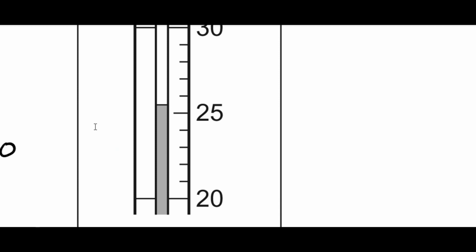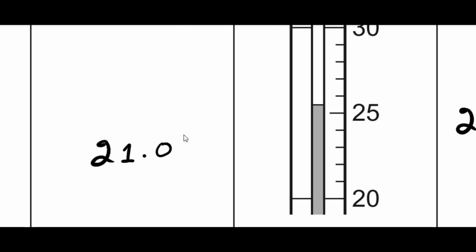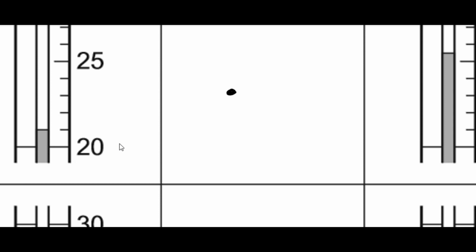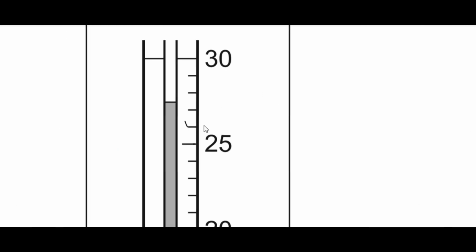This temperature is above 25 Celsius, but less than that of 26, as it is between them, so it would be 25.5 Celsius. This is exactly 21 Celsius, so we can write 21.0 here. This is 25, 26, and 27.